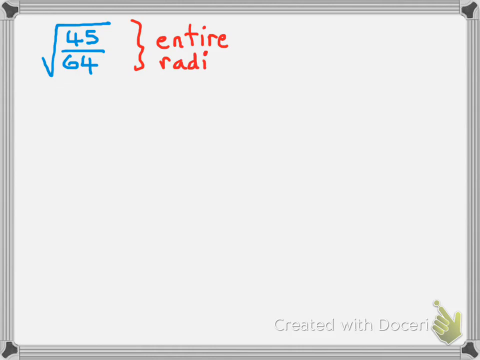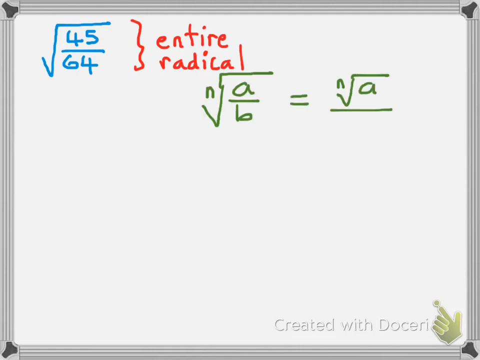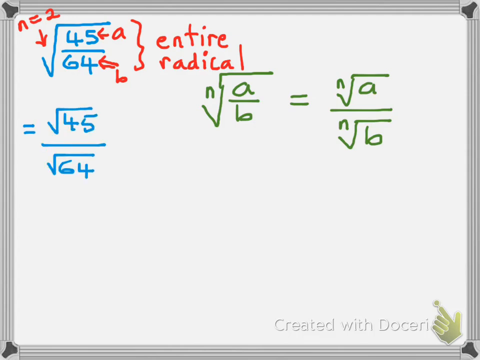What if your radicand is a fraction, like 45 over 64? What is the square root of 45 over 64? Well, from what we did previously, you can see that our formula resembles what we have here. You have the nth root of a divided by b, and you can break this up into the nth root of a divided by the nth root of b, in which case you are doing the square root of 45 divided by the square root of 64.